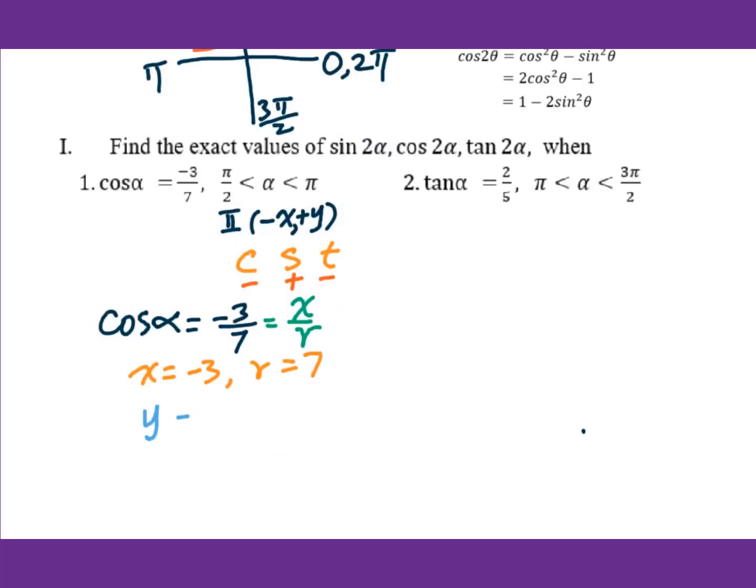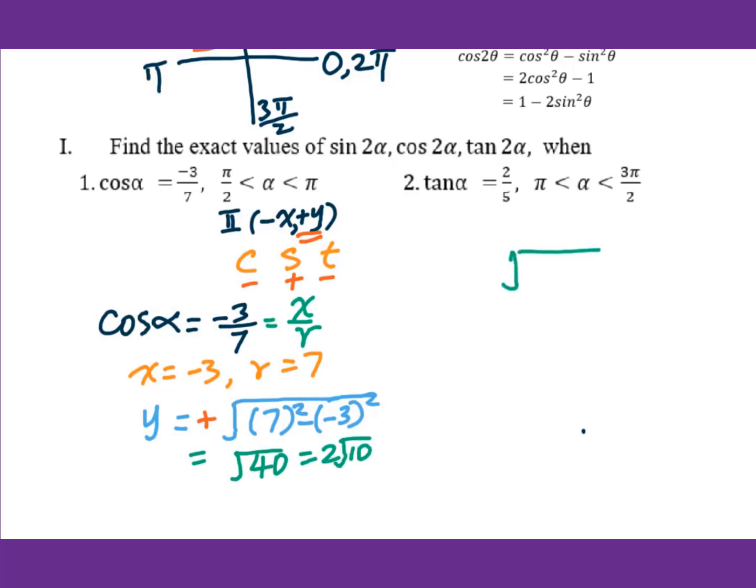For y, y is positive, so we write the positive square root of 7 squared minus negative 3 squared. You will get square root of 40. Simplify, that's 2 square root of 10, because for square root of 40, we can divide out 4, getting 4 times 10. So we get 2 square root of 10.